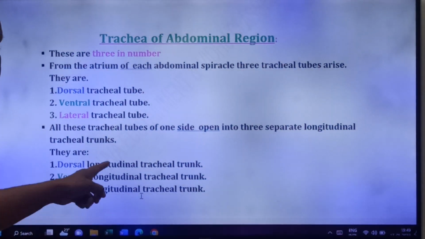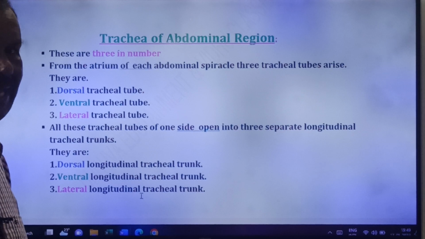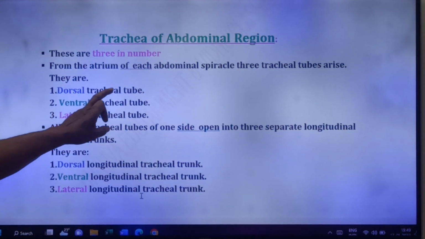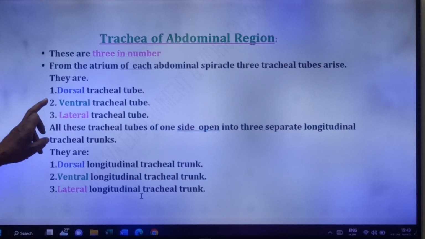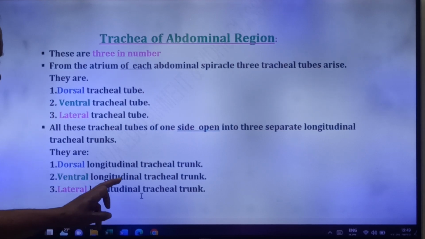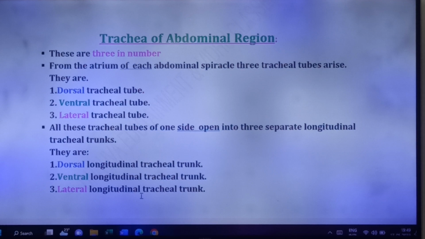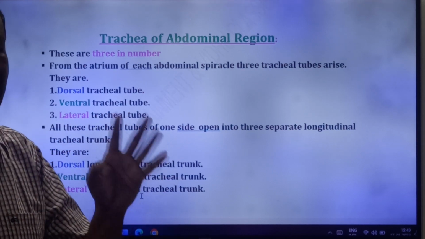What are they, friends? They are dorsal longitudinal tracheal trunks. Dorsal tracheal tubes open into dorsal longitudinal tracheal trunks. Ventral tracheal tubes open into ventral longitudinal tracheal trunks. Lateral tracheal tubes open into lateral longitudinal tracheal trunks.